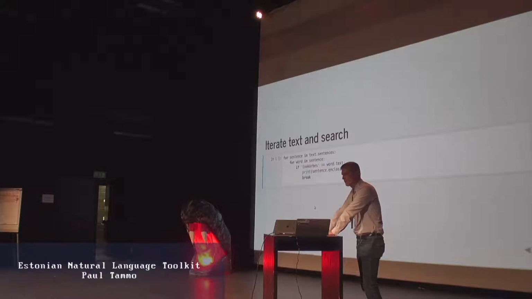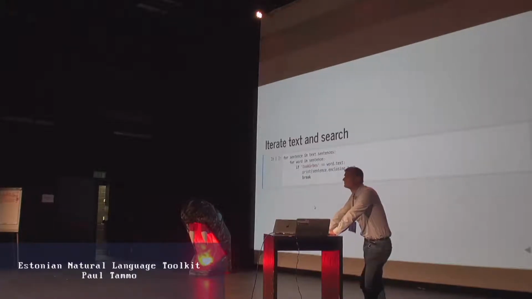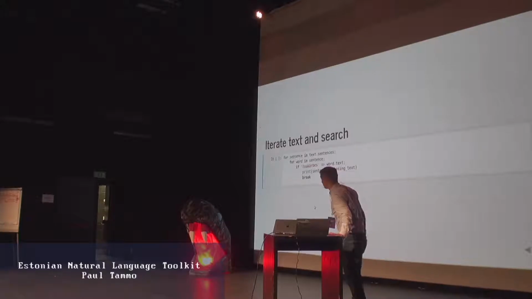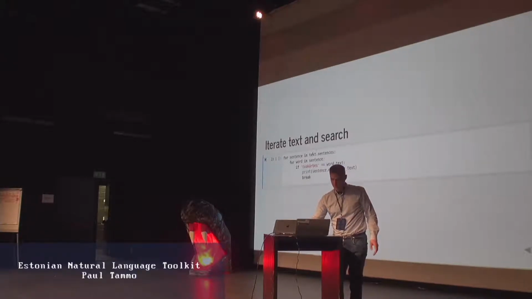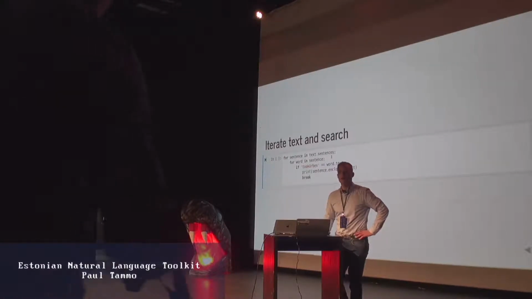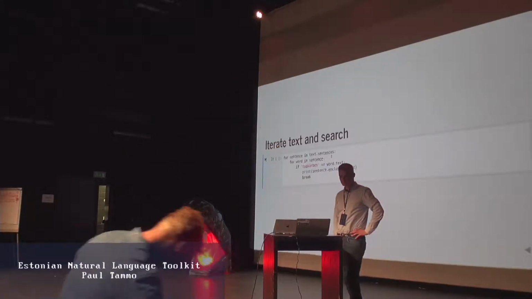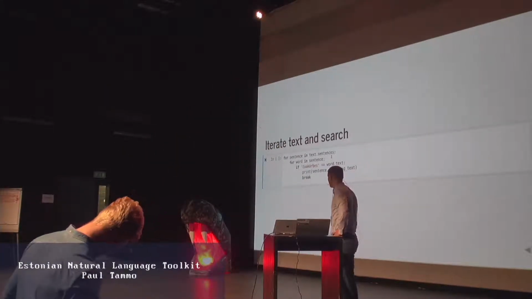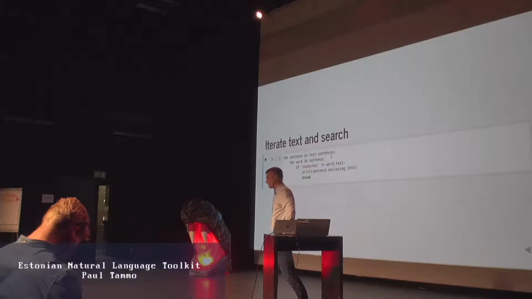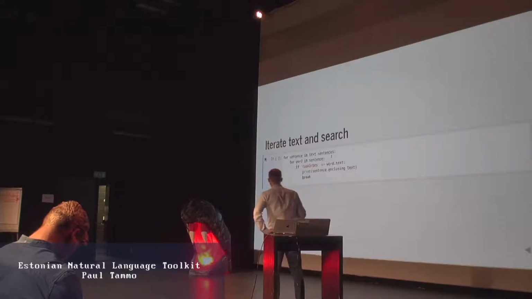So what can we do with a text object? We can iterate over the text object. Here we have a text object and its layer of sentences, and we can iterate over the layer of sentences. The layer of sentences, simply speaking, is a list.